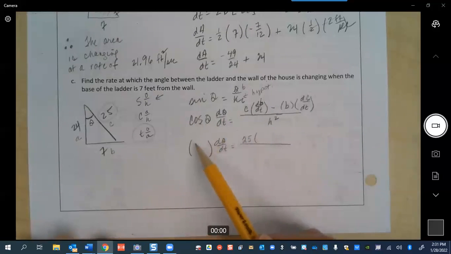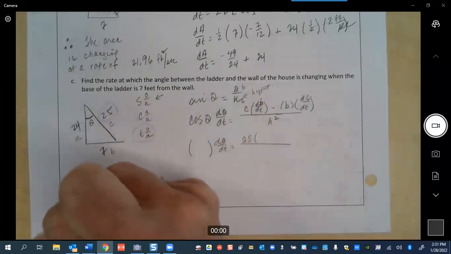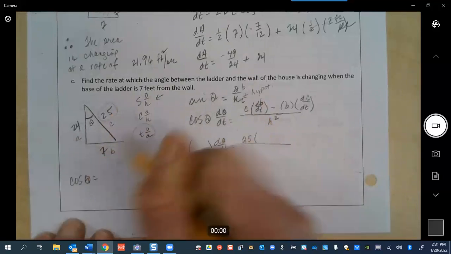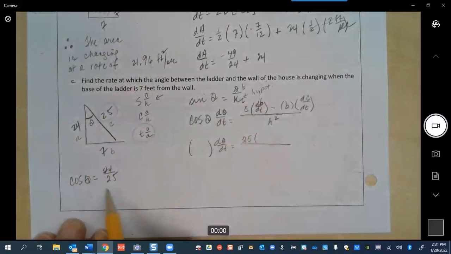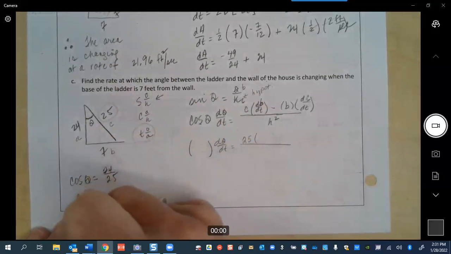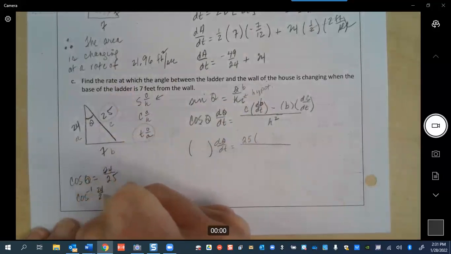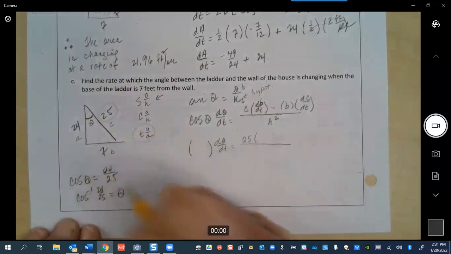So this cosine of theta, we're going to need to find out. So the cosine of theta, when my adjacent is 24 and my hypotenuse is 25. So we need to know the angle that has that. So we know the cosine, and that's going to give us our theta.